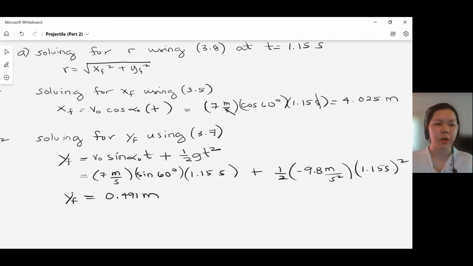We can now solve for R since we have obtained XF and YF.